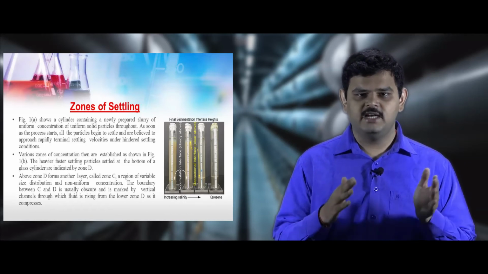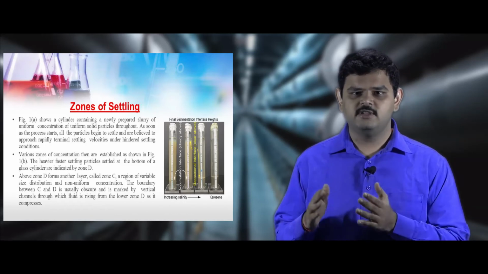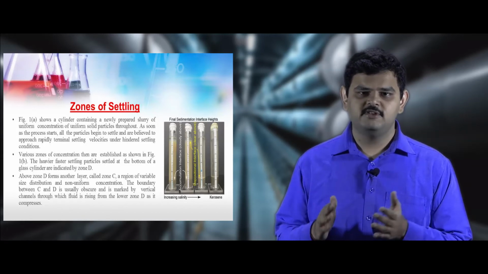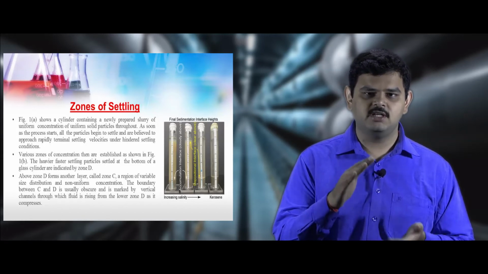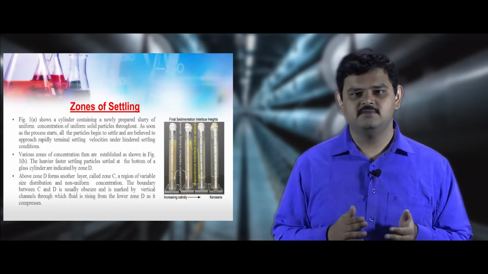The B zone is already present, that is the feed slurry zone, and the C zone will have the non-uniform concentration of solids, which will be between the B zone and D zone. The difference of margin is negligible.